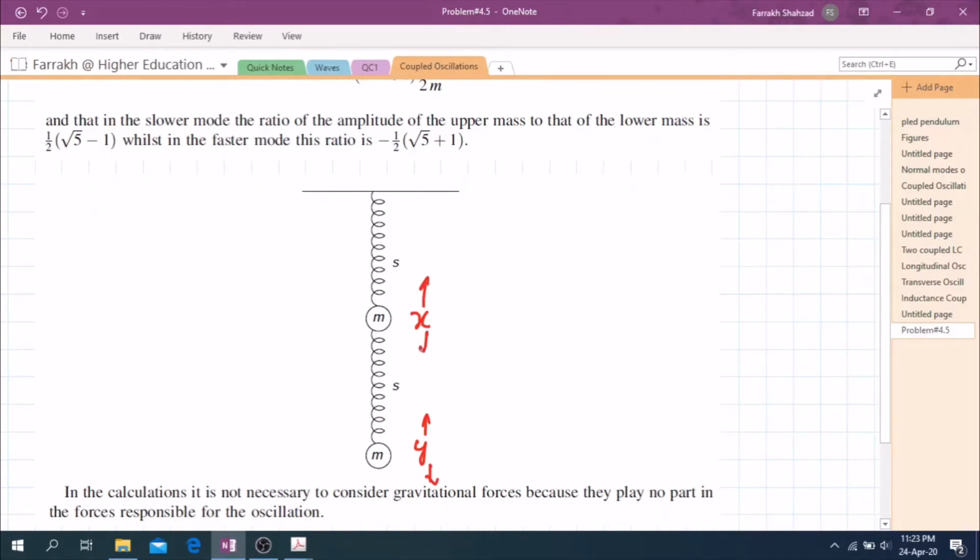We see that the upper mass is attached to two springs, while the lower mass is attached to only one spring. When you write the equation of motion, we need to take care of this.